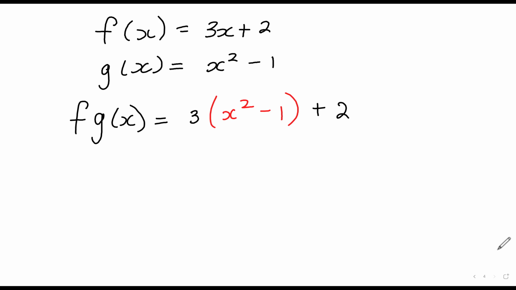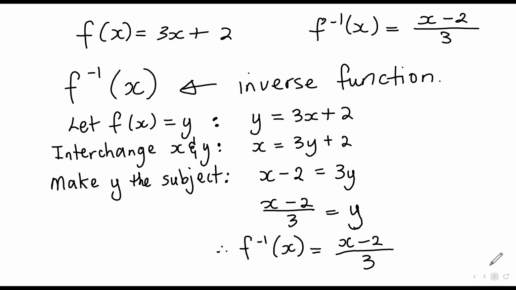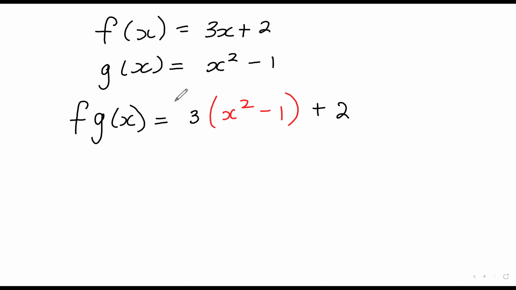Just like when you found f of 1, you replaced the x with 1 in the original function. Here, instead of replacing just a value, you're replacing an expression, and the expression here is g of x. So f of g of x is the same as finding what f of x squared minus 1 is.